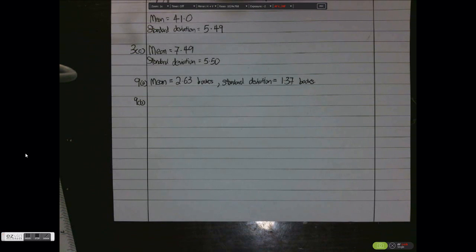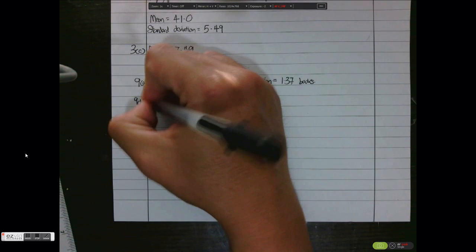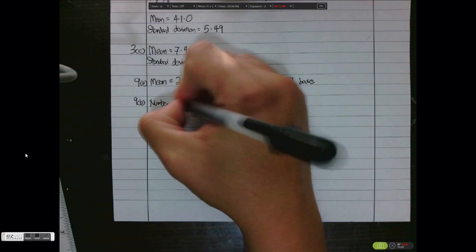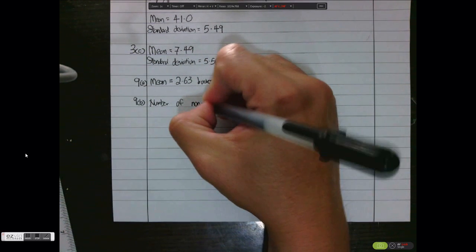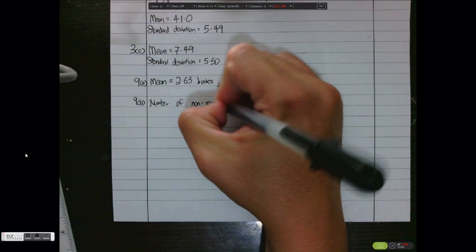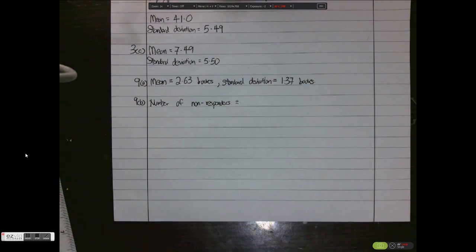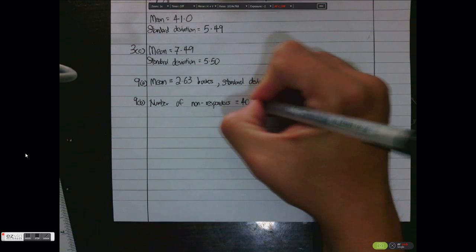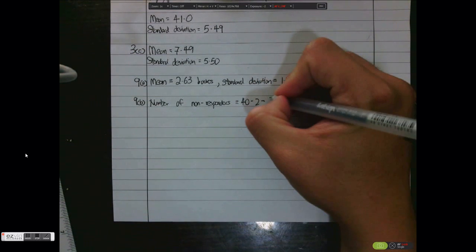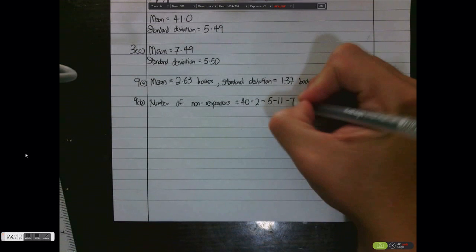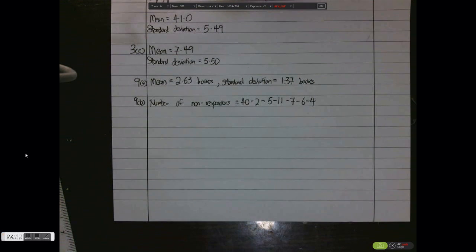So first, the number of non-responders is equal to 40 minus 2 minus 5 minus 11 minus 7 minus 6 minus 4. Very quickly we use the calculator. Okay, there are 5 people who did not respond.